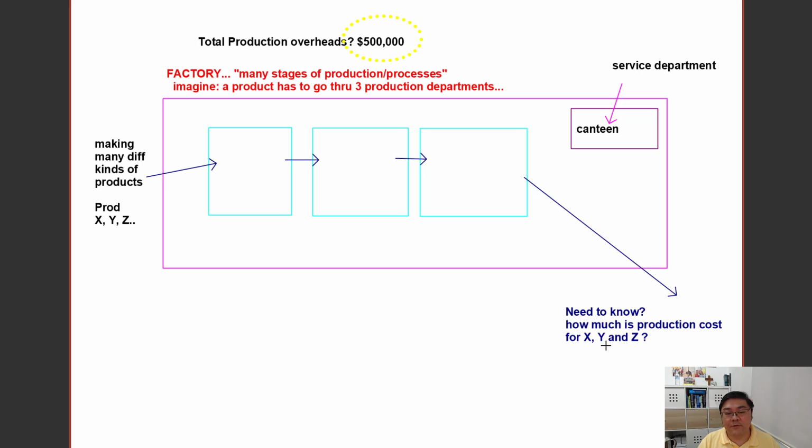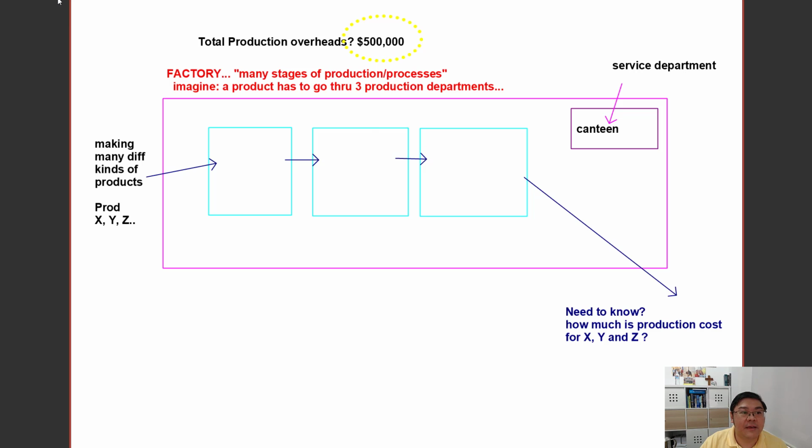Now, back to this. It's not going to do a lot of good to just take 500,000 and go straight to all the products, because it does not give what we call a true picture of how the costs and the products relate. So one way to make it a little more accurate is to further analyze these overheads by going back into all the departments.